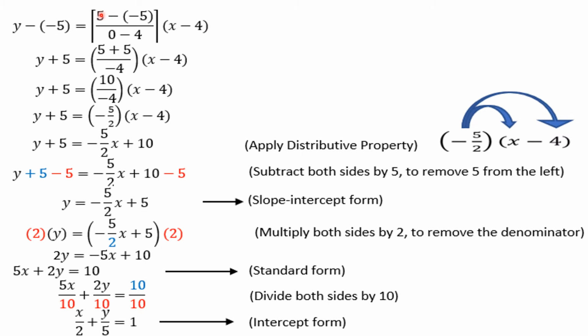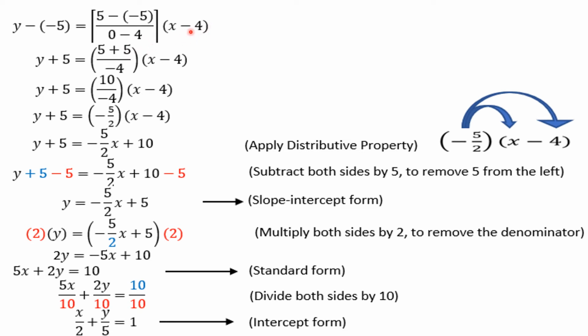So let's substitute this to our equation: y minus the quantity negative 5, since our y sub 1 is negative 5, equals the quantity y sub 2, which is positive 5, minus negative 5. Since our y sub 1 is negative 5, then you substitute x sub 2 and x sub 1, which are 0 and 4 respectively.